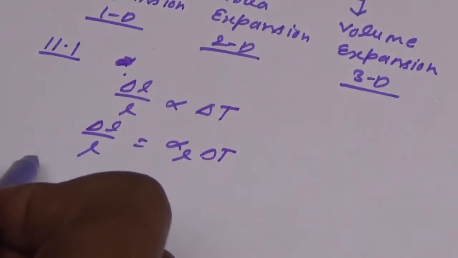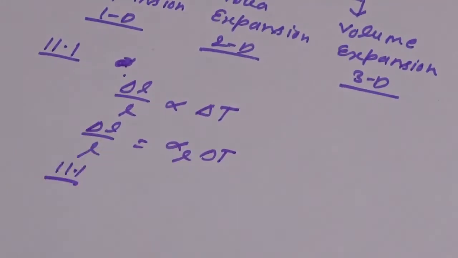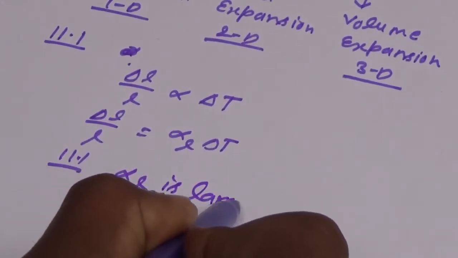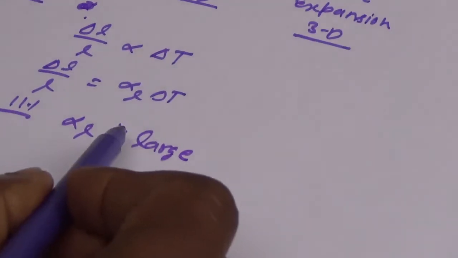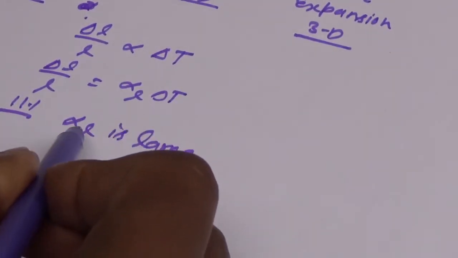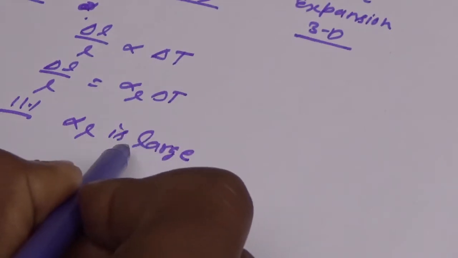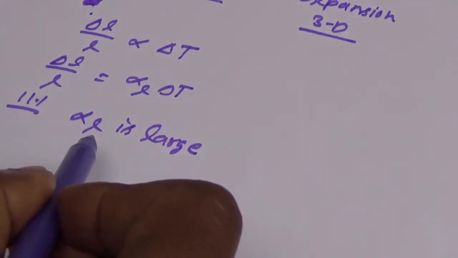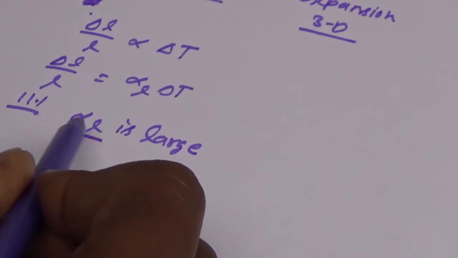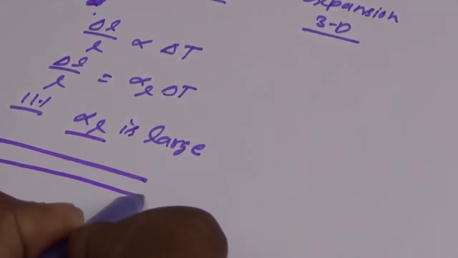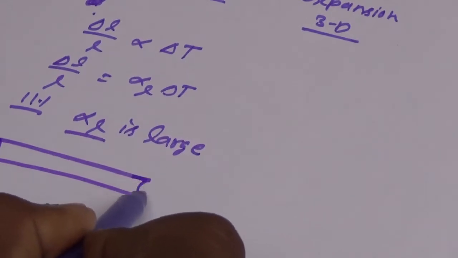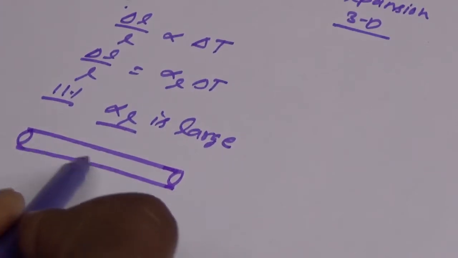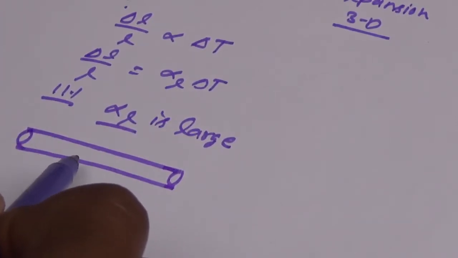From table number 11.1 in your NCERT book, we can see that alpha L is large. What is alpha L? Alpha L is the coefficient of linear expansion. If the value of alpha L is large, then the linear expansion in any object or any rod will be very large.